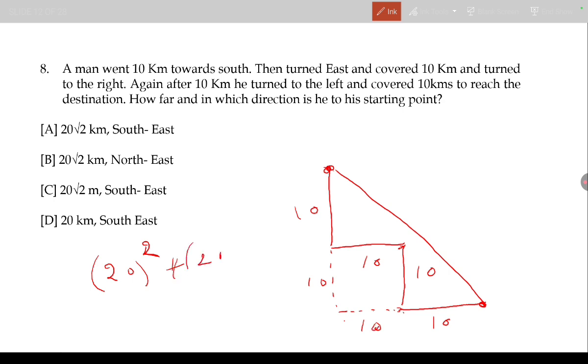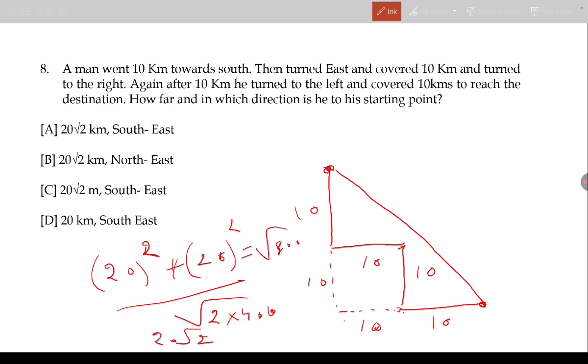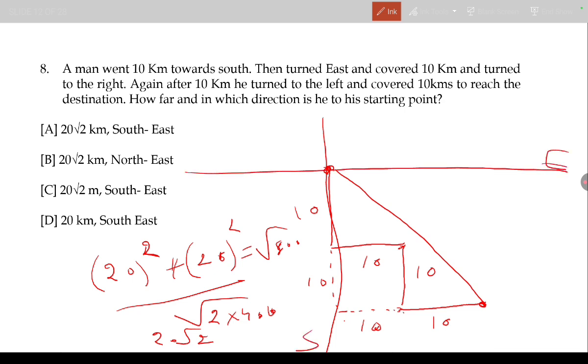So it will be root of 20 square plus 20 square, which is root 800, right? Can I write 800 as 2 into 400? 400 is 20 into 20, so 20 will be outside and 2 will stay inside. So your answer will be 20 root 2. It's the distance. But in which direction is he from the starting point? If I make a graph on my starting point, he is actually in the southeast. So your answer will be this.